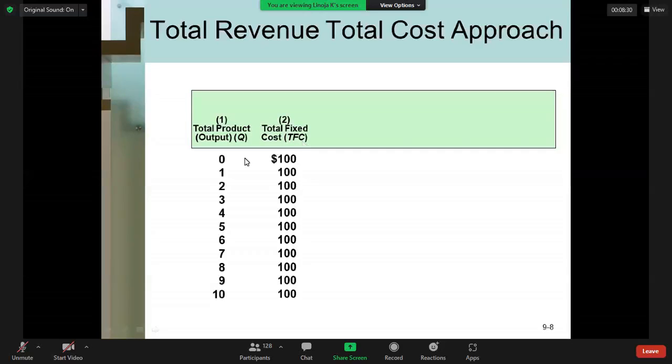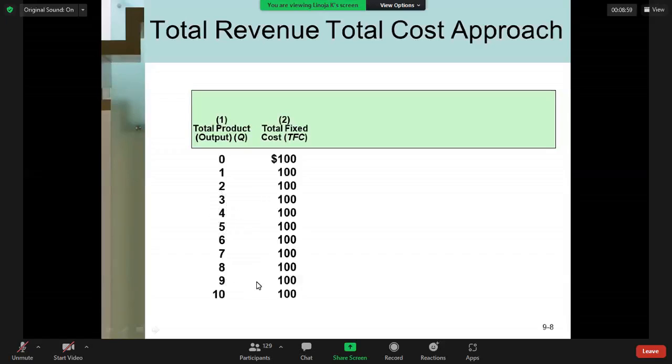Say, for example, if we are producing 1 kilo of sugar, we need some kind of machinery, some kind of building, an operating system like that, right? But that is a fixed cost. That is needed for the 1 kilo. Then for the 2 kilo also, the same machinery, the same building is going to be used. For the 3 kilo, 4 kilo, up to a certain point, we will be using that.